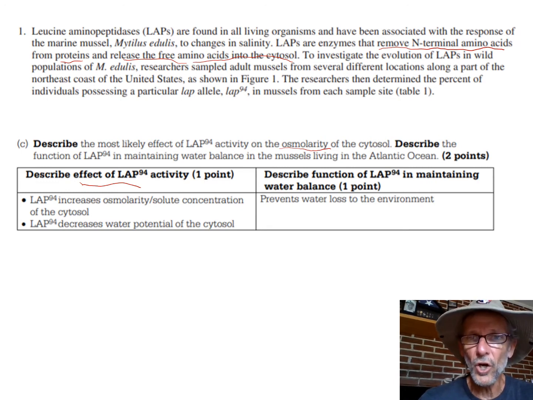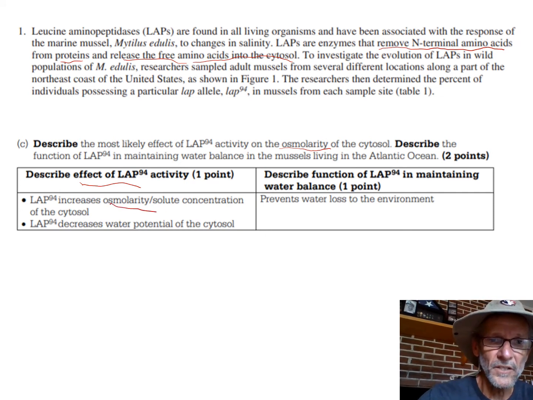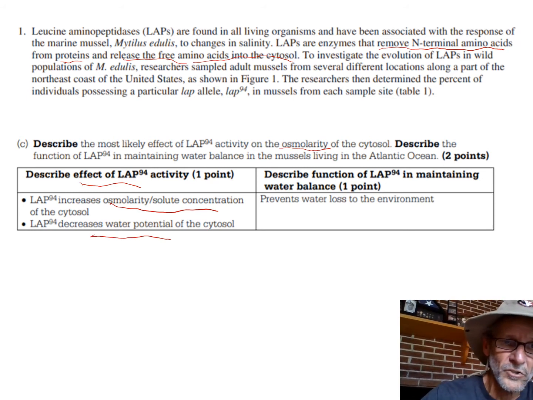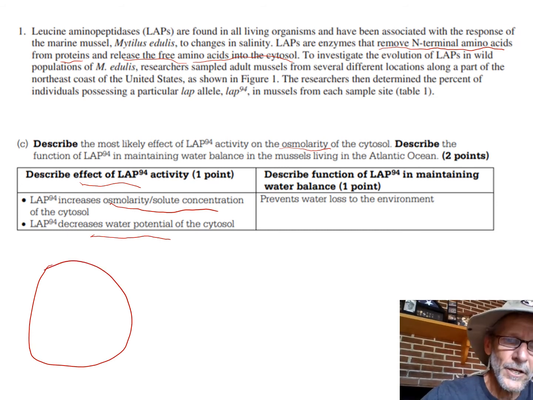Okay, so this is what this says, right? You could also say it in terms of water potential. What increased concentration means is decreased water potential, right? Because remember, here I have these clipped-off amino acids, and this enzyme causes there to be more and more of them.